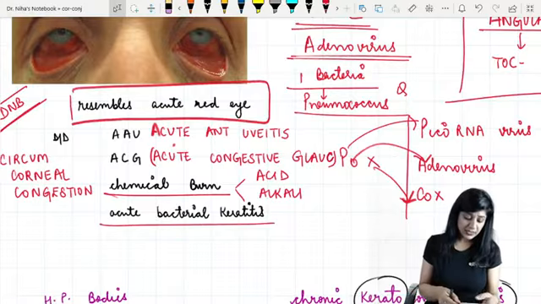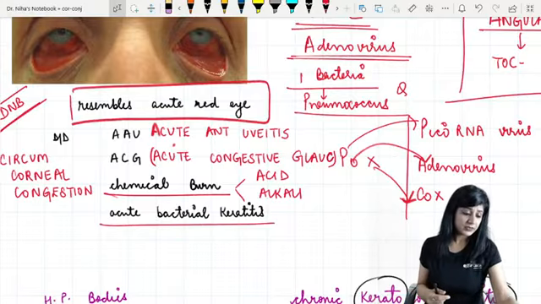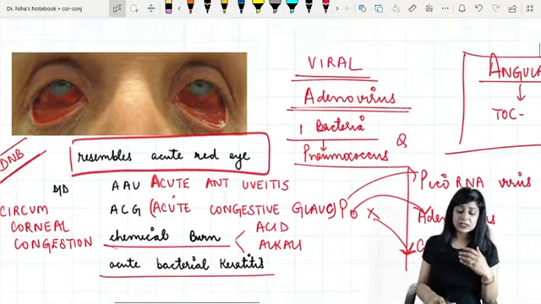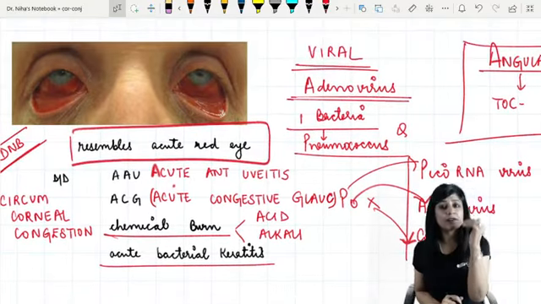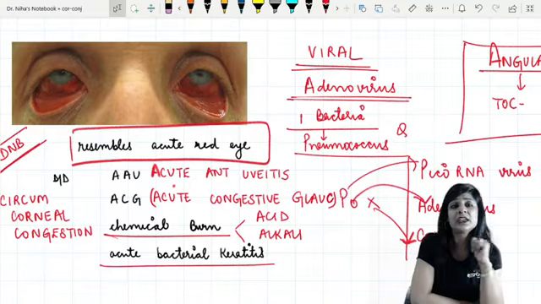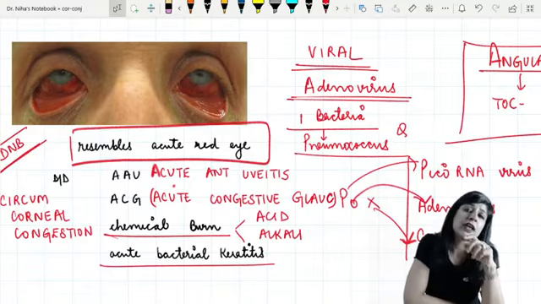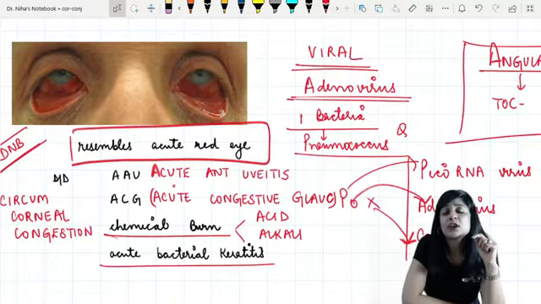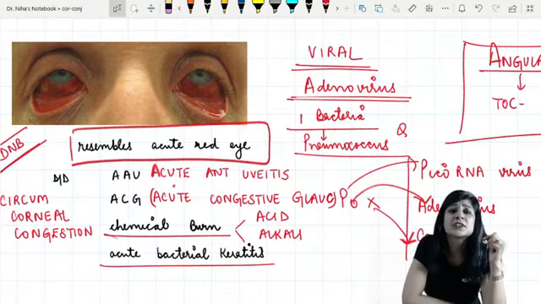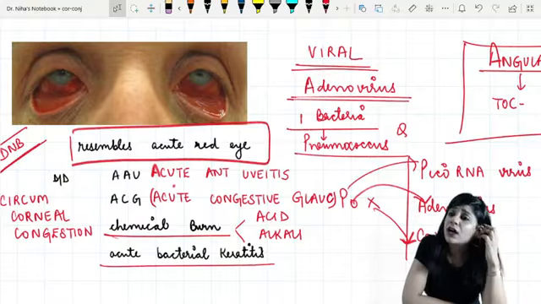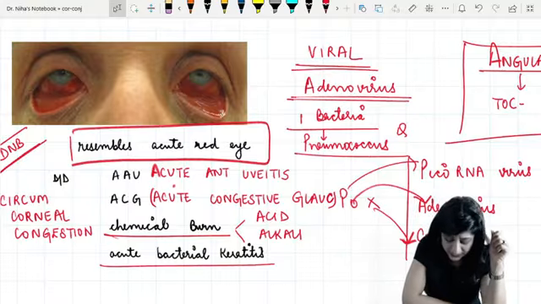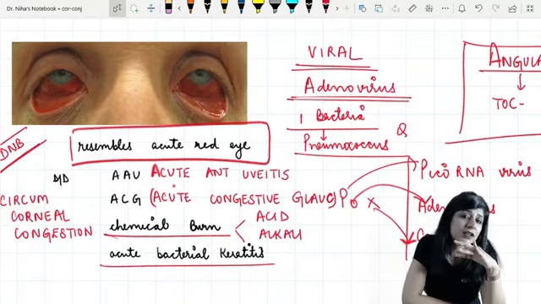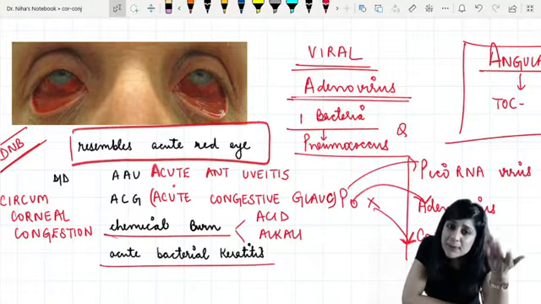This is actually a lower one which you can add on in giving examples for your acute red eye, because genuinely, when I talk about the acute red eye, your important causes will be acute anterior uveitis, acute congestive glaucoma, chemical injuries with lot of inflammation and necrosis, and bacterial keratitis. So this is not the exact cause, but that can resemble the acute red eye.